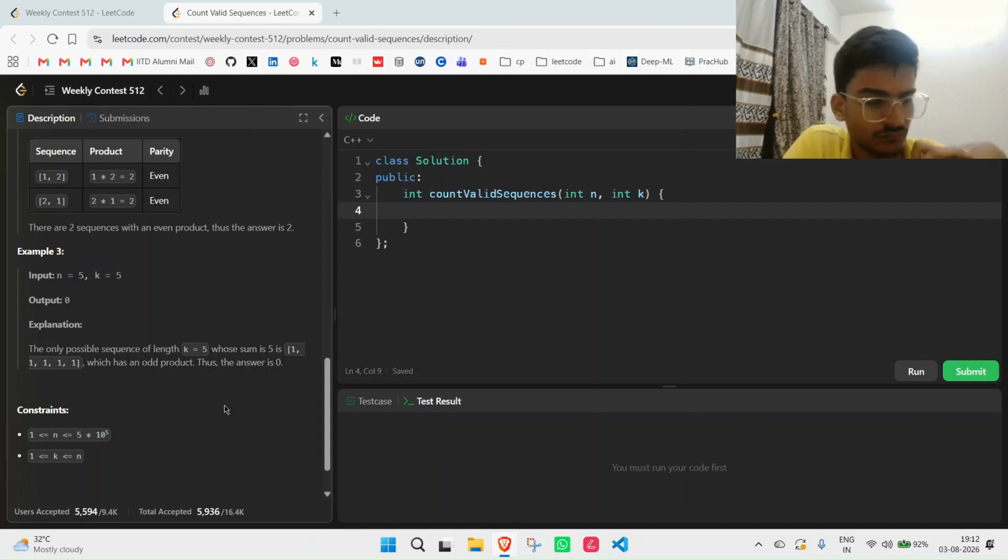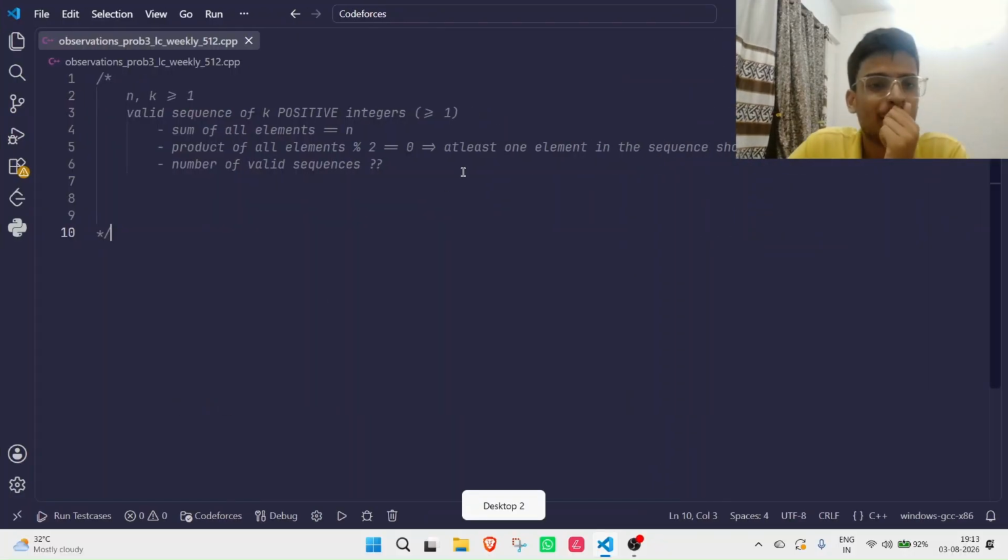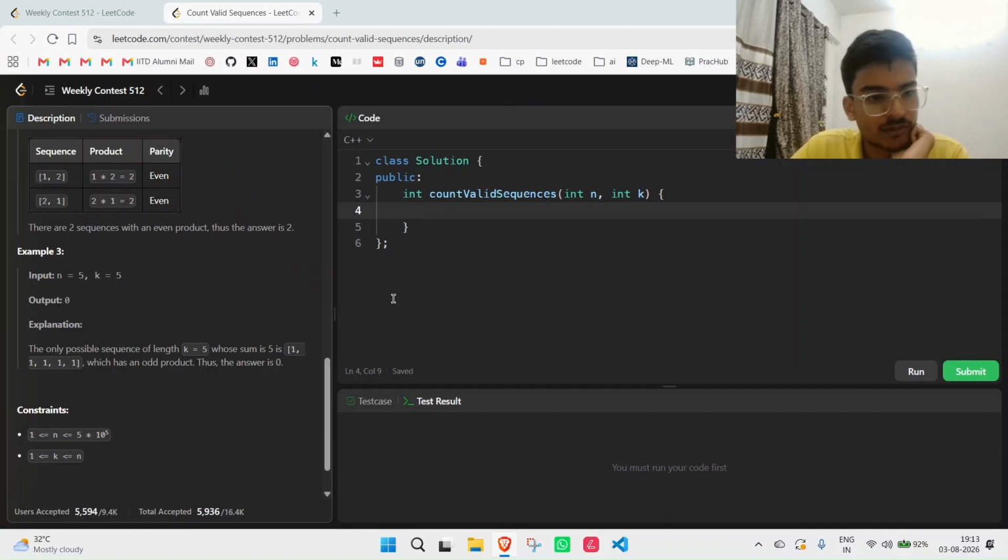That's the question. So if n and k are equal, suppose n equal to 2 and k equal to 2, then we can write 1 1, right? N equal to 5, k equal to 5, and 1 1 1 1 1, five times. N equal to 7, k equal to 7: we have to take 7 elements whose sum should be 7, right? The only sequence is 1, seven times. So in any case, there will be no valid sequence if n and k are equal.